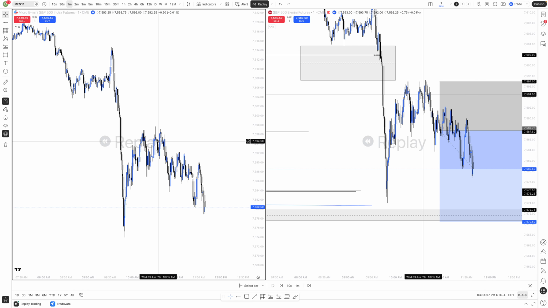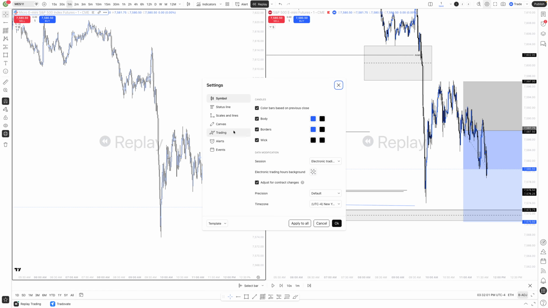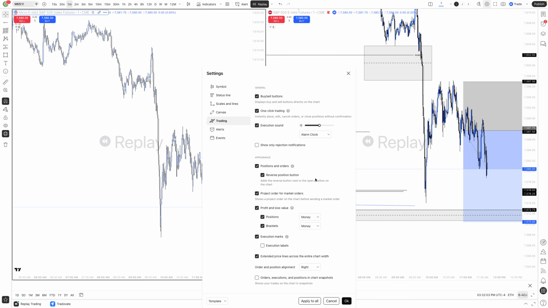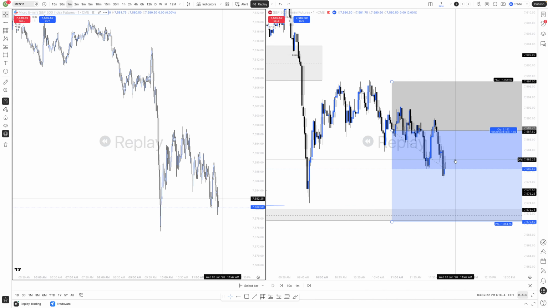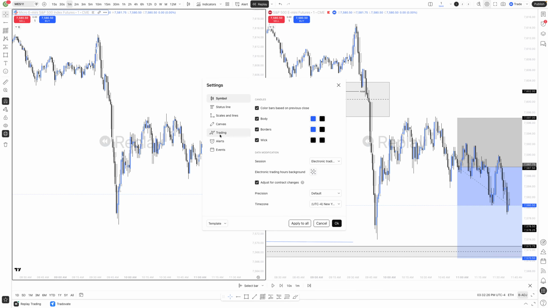Oh, and of course the execution labels are not here. Nice. Every time I do this, man. Every time I do this, it doesn't work. Every time I do that. And what? The execution labels aren't even showing up.